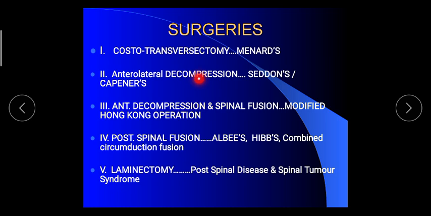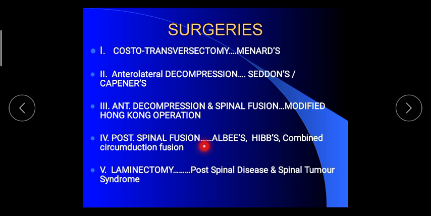In anterolateral decompression, you also remove the pedicle, some part of the body. But here you are taking the anterior parts, that is the body, the anterior part of the body, central body, all these are removed and decompressed, debrided, and spinal fusion is encouraged.